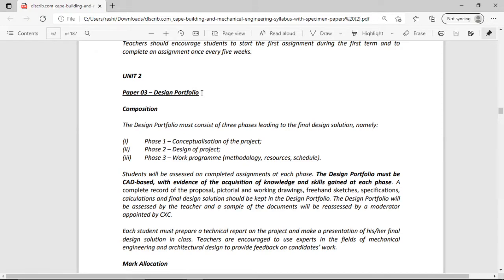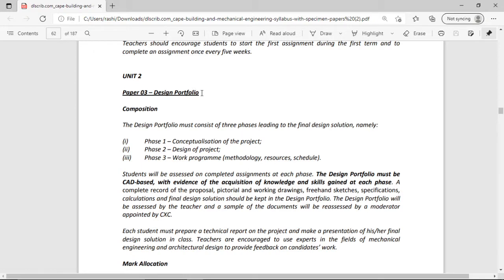Here it goes on to say a complete record of the proposal. Pictorial and working drawings, freehand sketches, specifications, calculations, and final design solutions should be kept in the design portfolio. The design portfolio will be assessed by the teacher, and a sample of the documents will be assessed or reassessed by a moderator appointed by CXC.